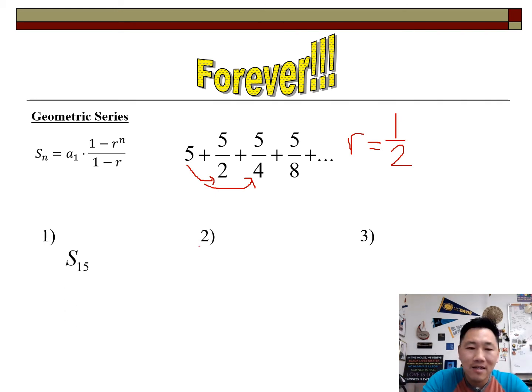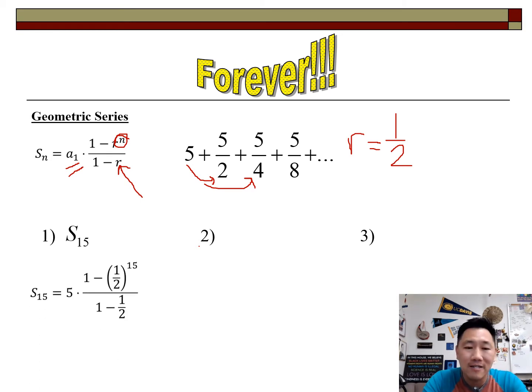All right, let's go ahead and just find the sum of the first 15 terms. We know what the first term is. We know r is now 1/2, and we're looking for the sum of the 15 terms. So plug it in to that formula.